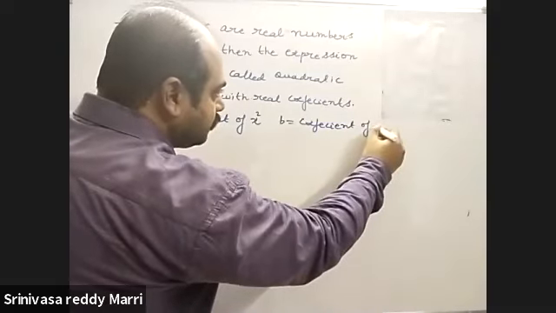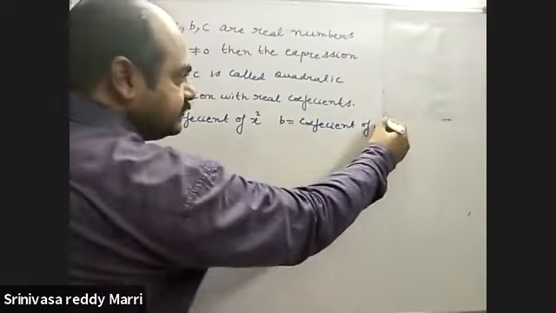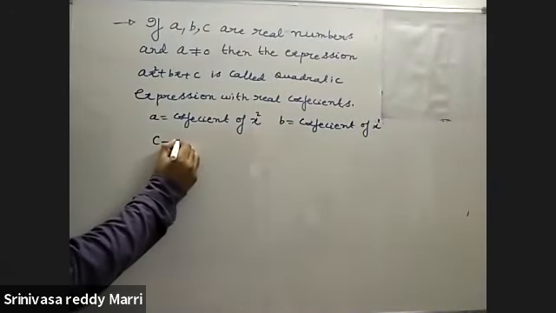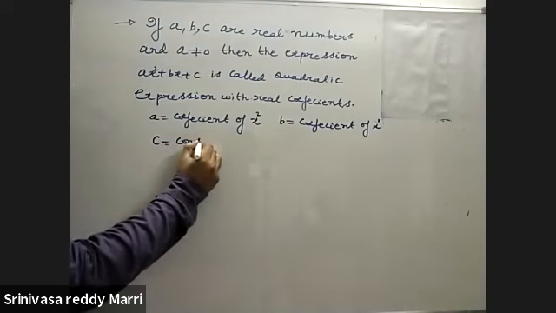B is called the coefficient of x power 1. C is the constant term, no x.